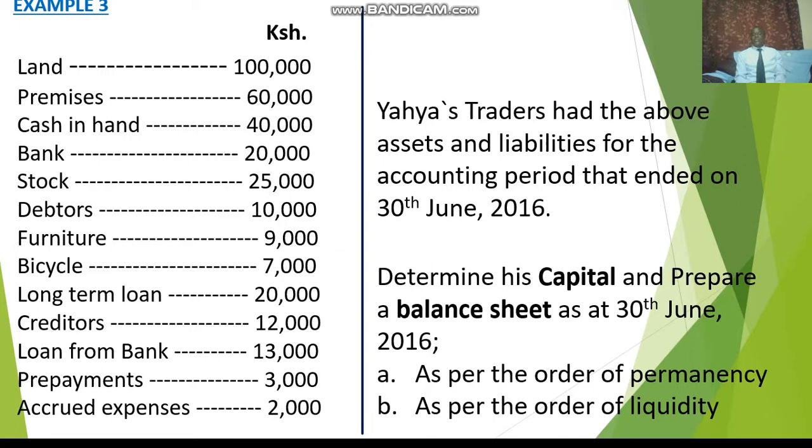We are required to determine his capital after preparing a balance sheet, and then the balance sheet in part A should be as per the order of permanency and as per the order of liquidity.